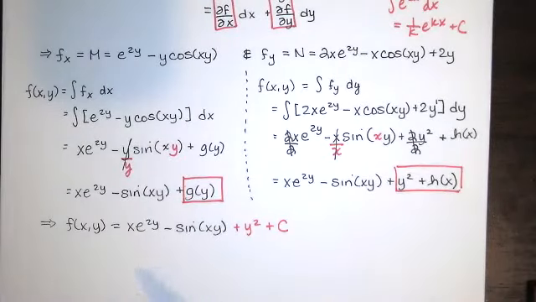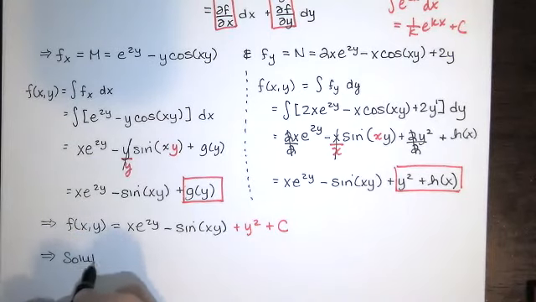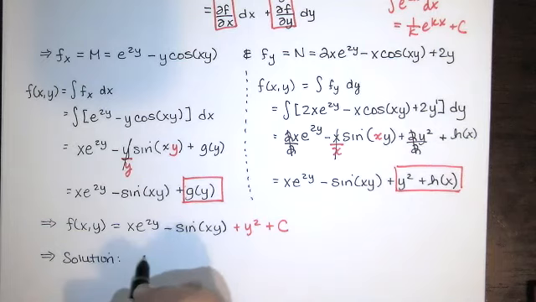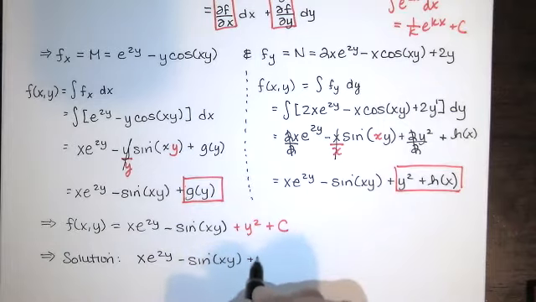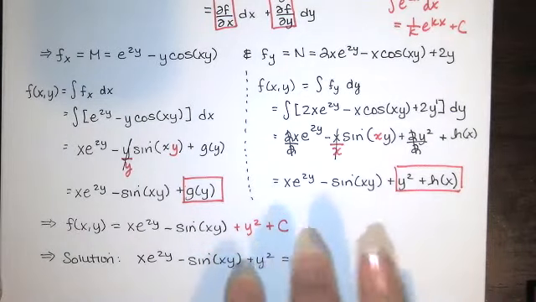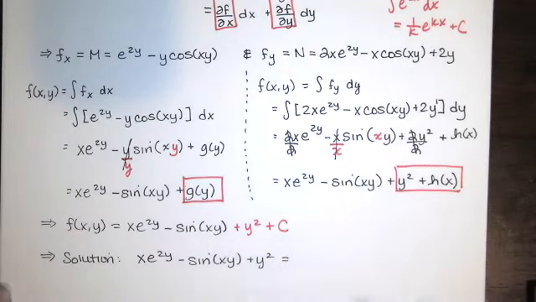But we didn't have an initial condition this time. So the solution of the differential equation is f of xy, which turns out to be this function, and then you have the plus c equals k, and k can absorb the c, so you just have the k there.